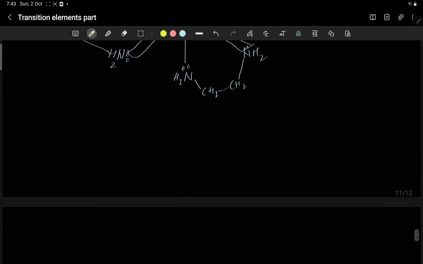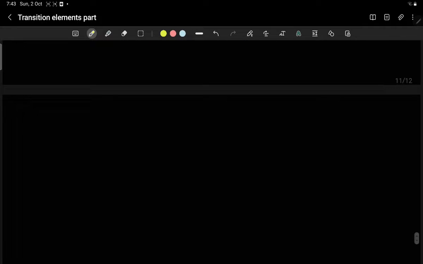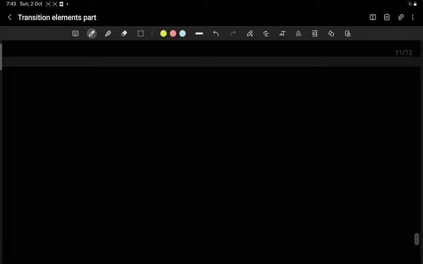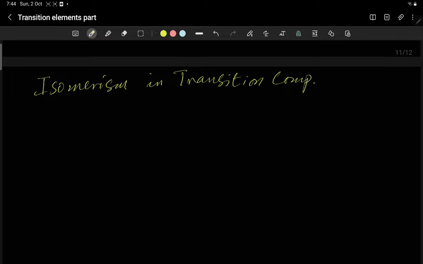The next topic is stereoisomers, isomerism in transition complexes.